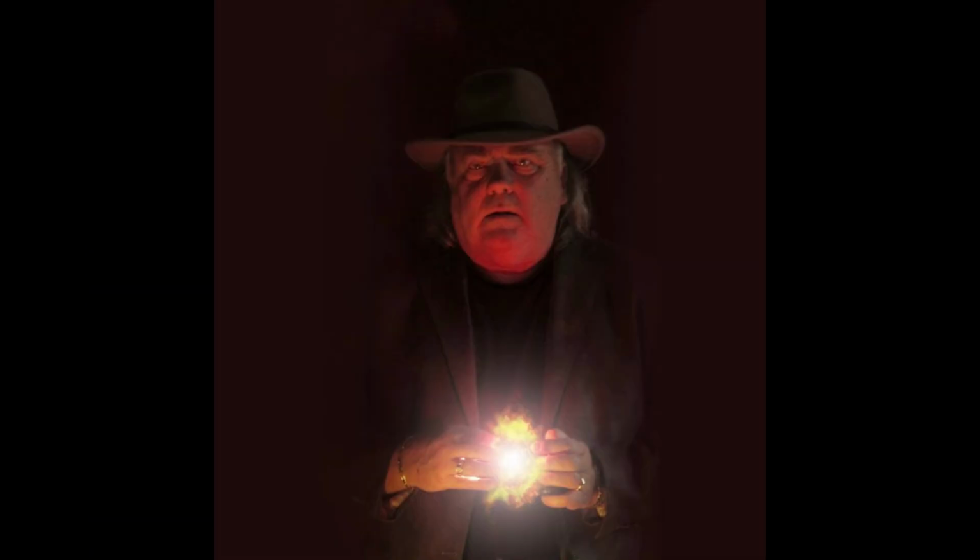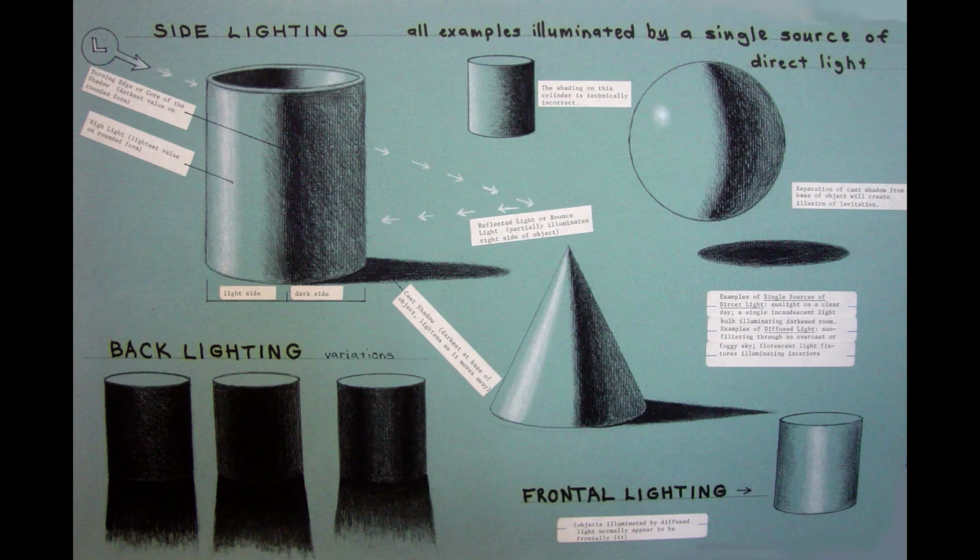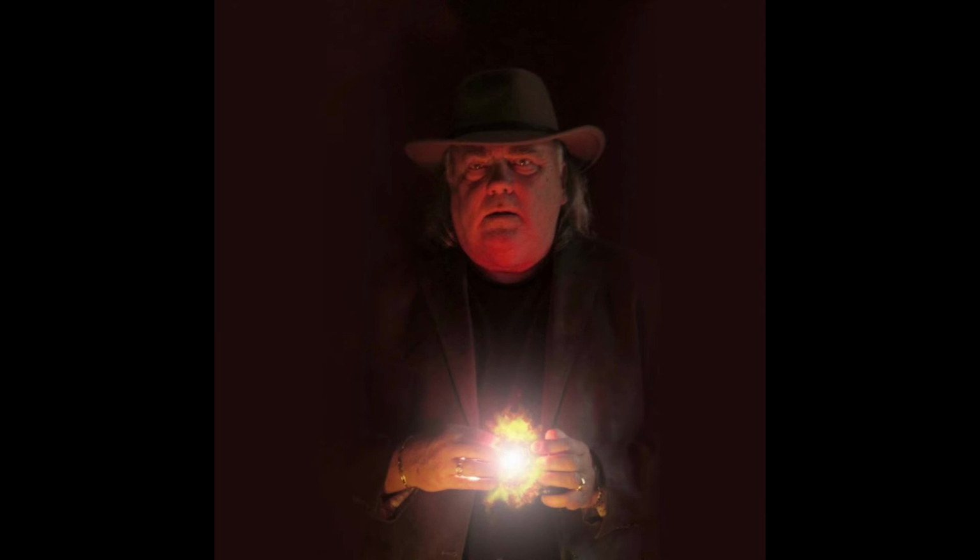So in conclusion, if you learn how light behaves on planet Earth by following the photon, so you understand the nature of the light source, the path of the light, and the variation in terms of direction of light, the variation in terms of diffused light versus single source direct light versus multiple sources of light, and you learn how to shade those circumstances with basic geometric forms, that again being cylinder, cone, globe or sphere, and volumetric rectangle, you'll be able to apply that knowledge to anything, whether you're drawing from nature or reality.